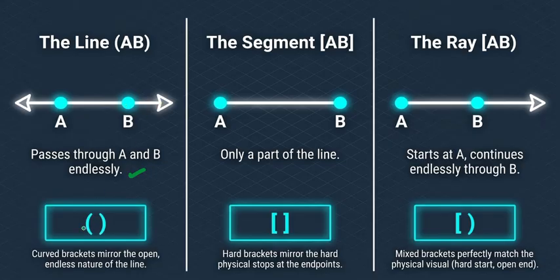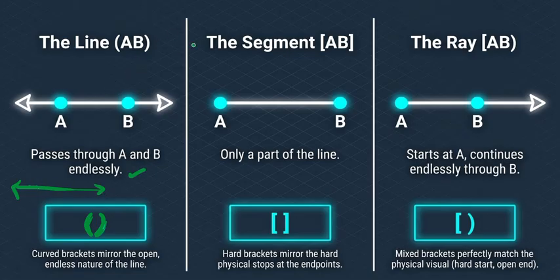Okay, so this bracket implies that the end point and the starting point are not included, meaning it goes infinitely, because a line has no starting point and no ending point.